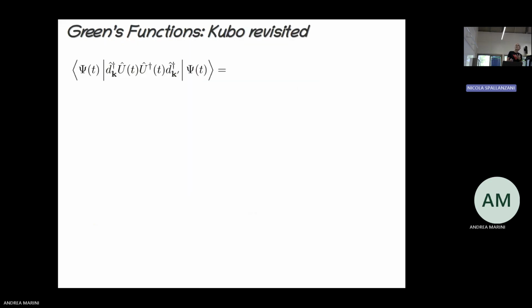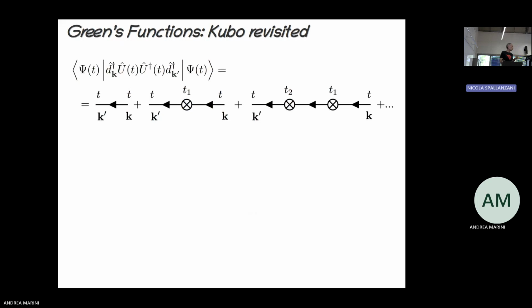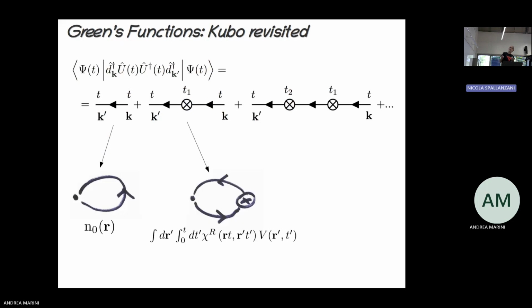Now it's nice to see whether this object reproduces Kubo. Well, you can prove that yes, it reproduces Kubo, because now the density corresponds to this evolution geometrically reconnected to itself. So this is the bare interaction, and this is the first order. The first order is when you take these two extremes and you close them in the same point. And then you get this down, but this is Kubo.